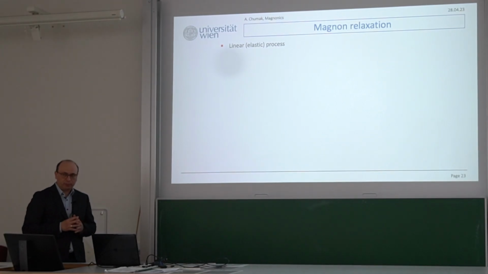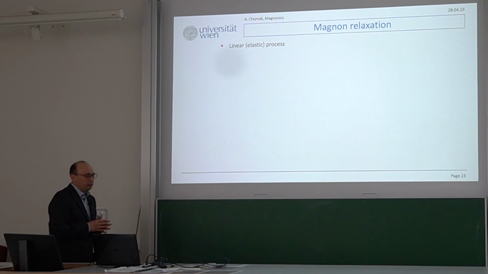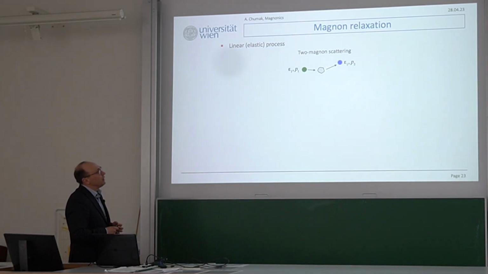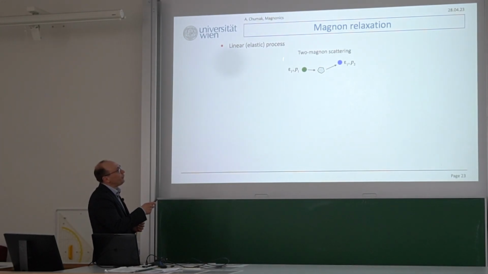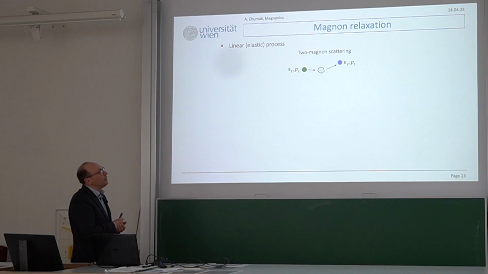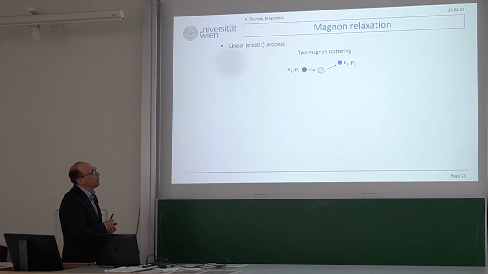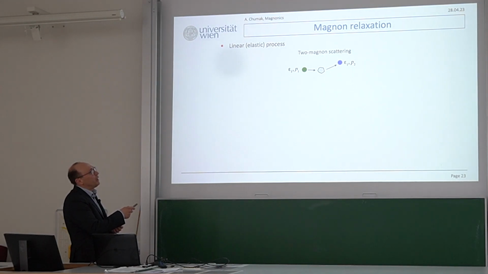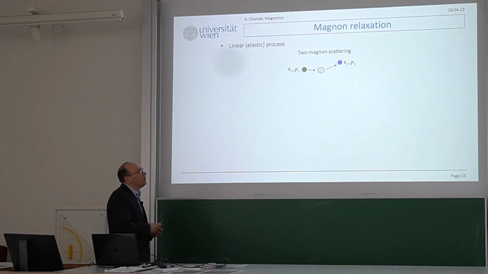And there is also a set of mechanisms responsible for this. The first one is the so-called linear or elastic scattering process, like it's shown here. The idea is very simple. You have a magnon with energy 1, with some frequency, with momentum 1, and then it interacts with an inhomogeneity.